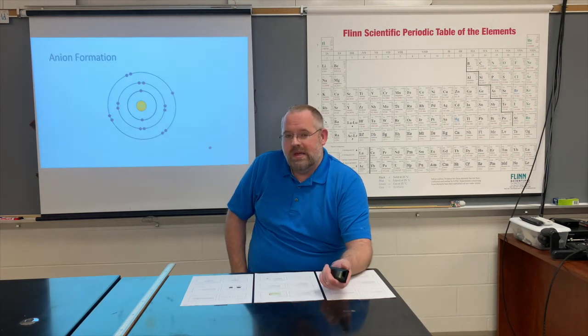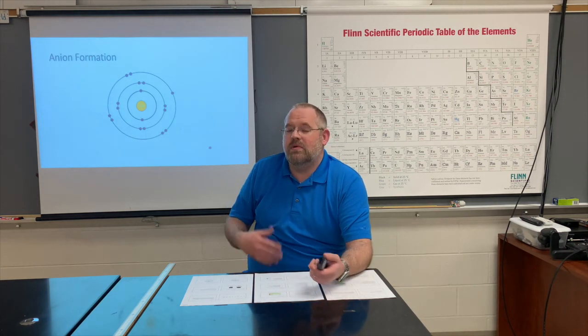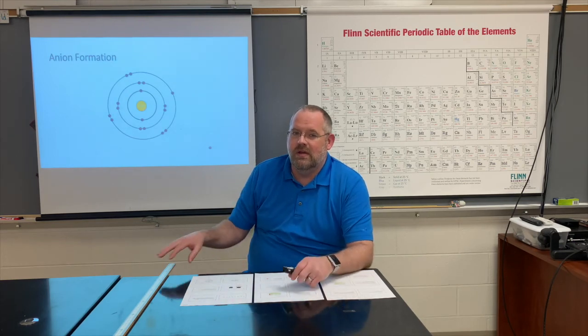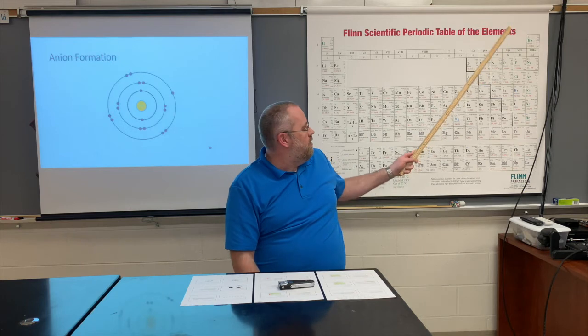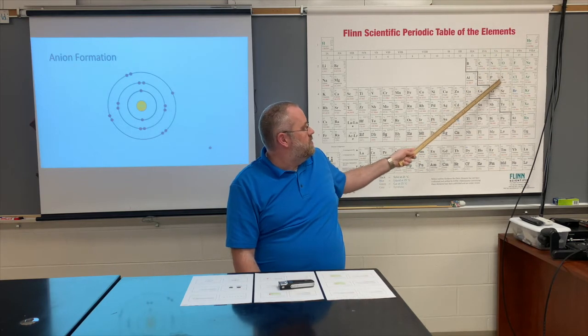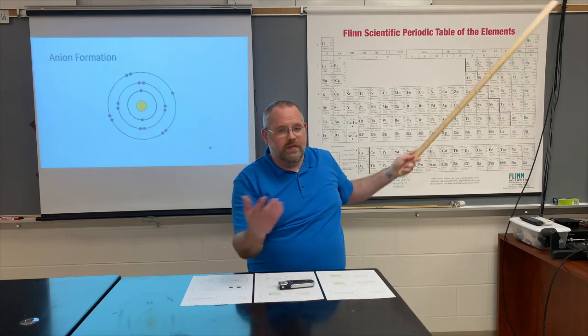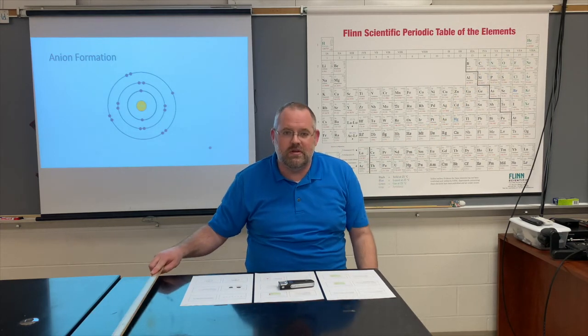It would be way easier to gain 1, and that's part of where the electronegativity and the ionization energy come into play. Remember, the higher electronegativity is towards fluorine. So the closer you are to fluorine, the easier you steal electrons.